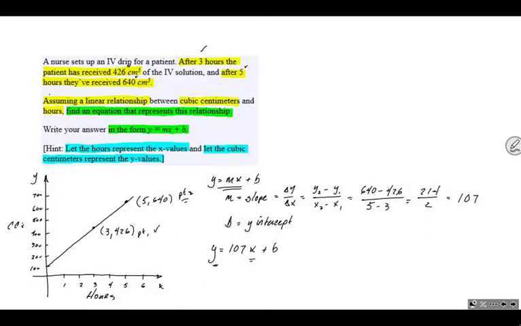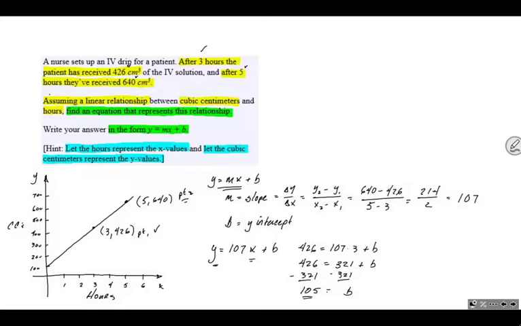So let's use this first point here. We're going to use our y value of 426, and we're going to say that that is equal to 107 times our x value there, which is 3, plus b. If we continue, we get 426 is equal to 321 plus b. We subtract 321 from both sides, and we're left with b is equal to 105.